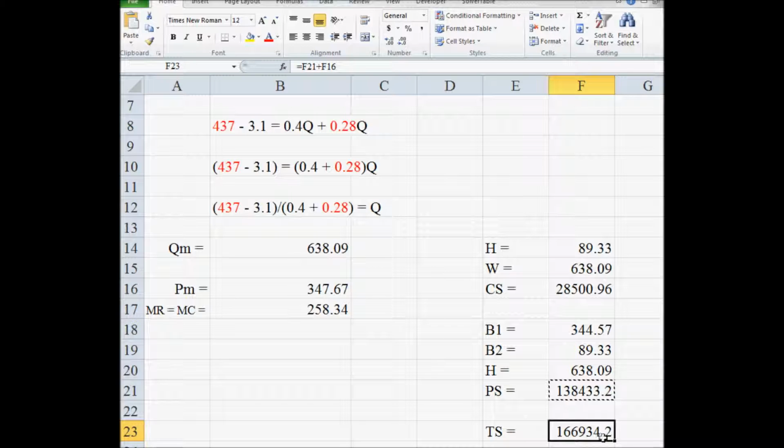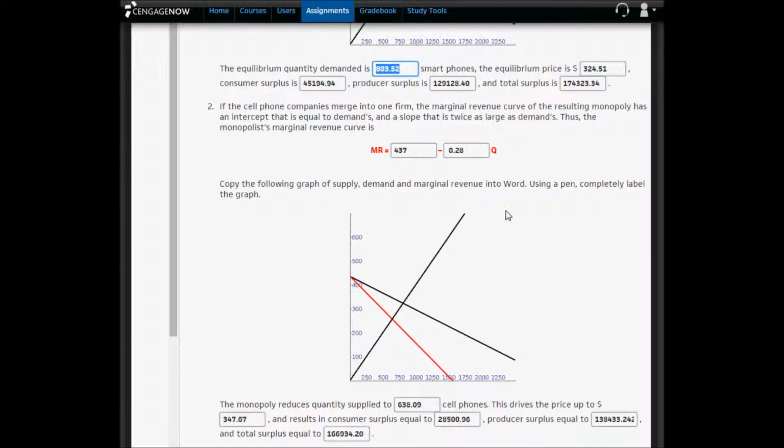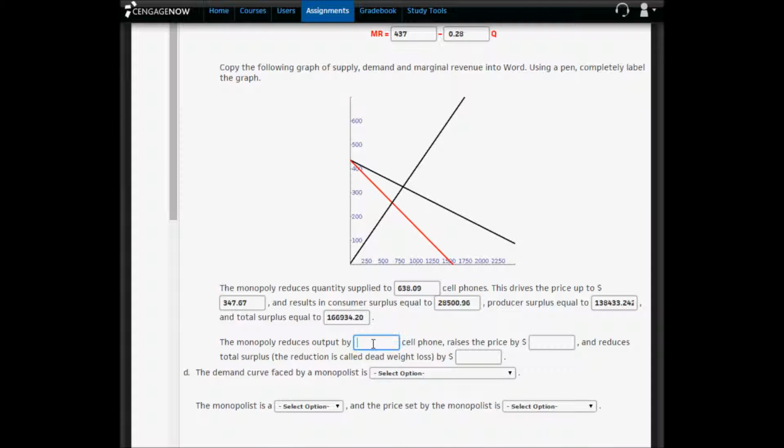Total surplus is the sum of consumer and producer surplus. And I can delete that. So the monopoly reduces output by how much? Initially, the firms produced 803.52 smartphones.